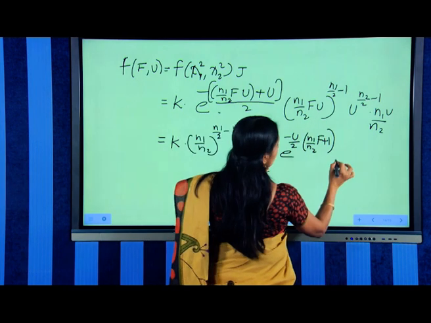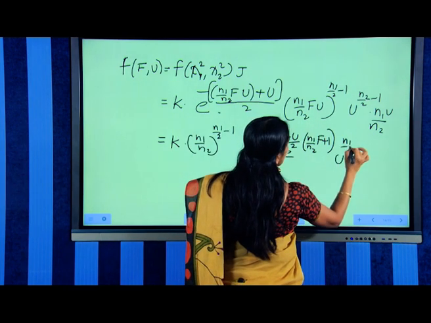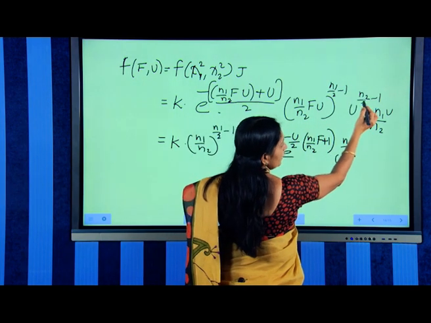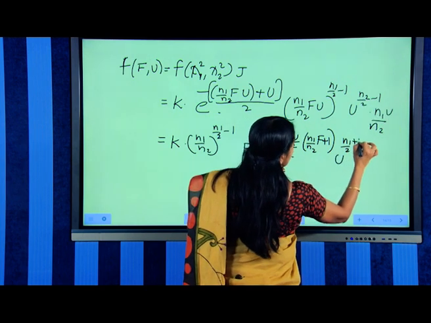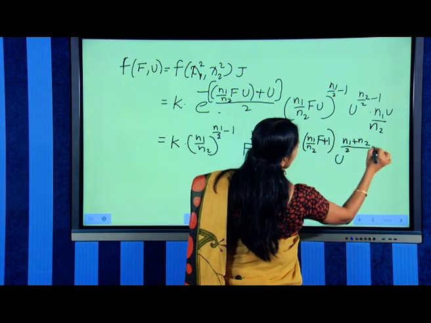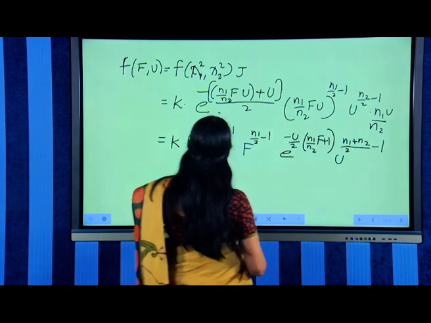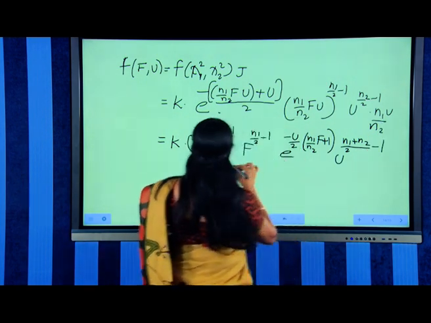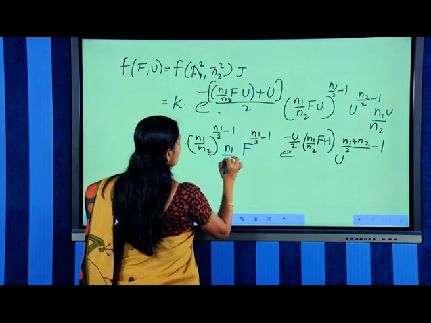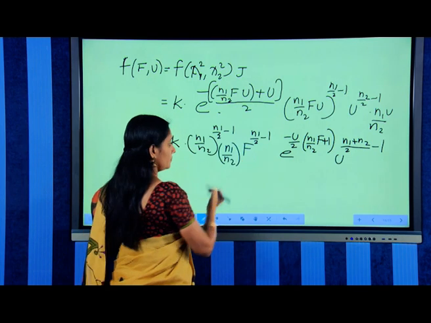Here we have u raised to n1 by 2 minus 1 plus n2 by 2 minus 1 plus 1, so n1 plus n2 by 2 minus 1, and here also we have n1 by n2.